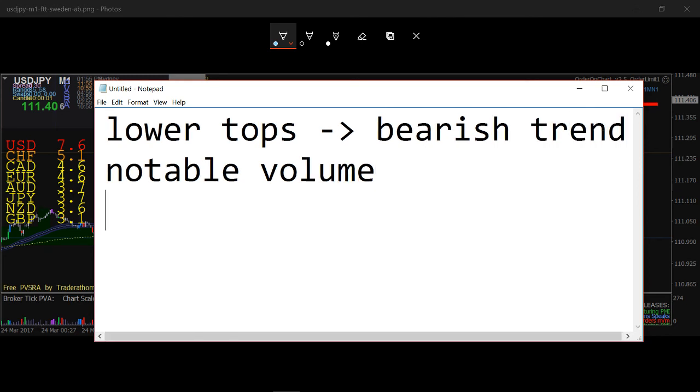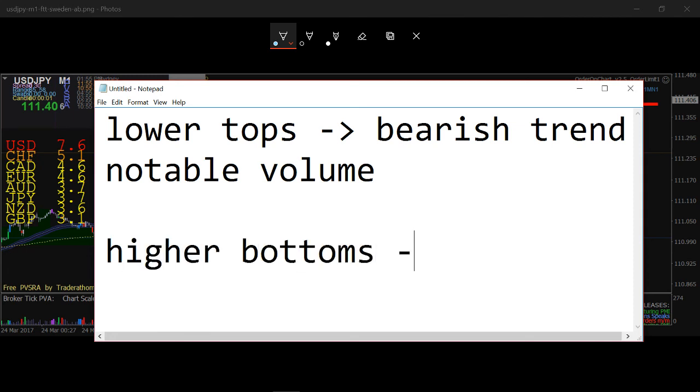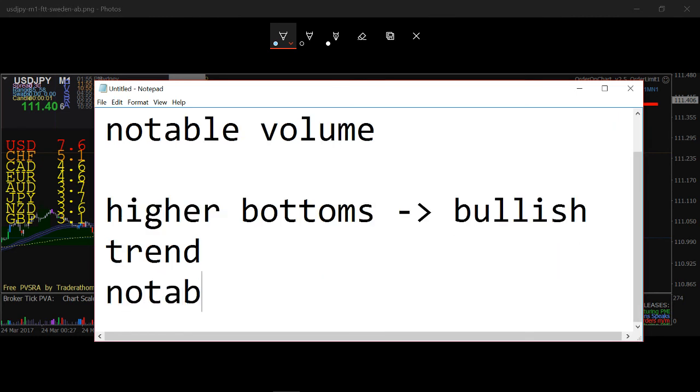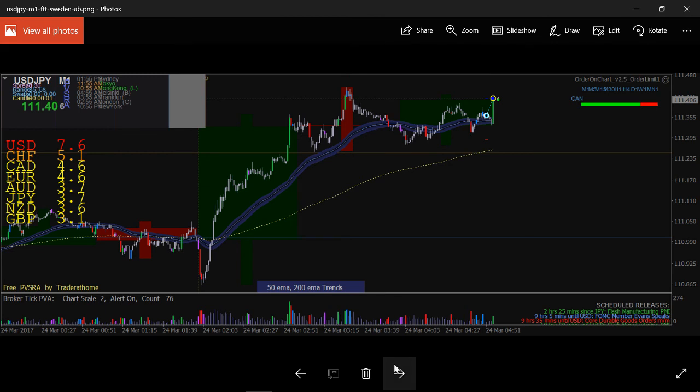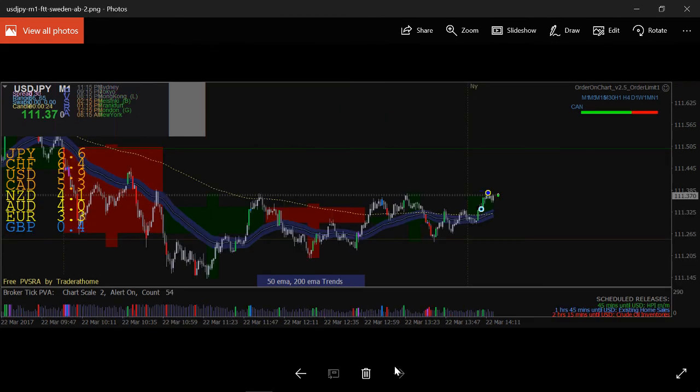And when you have higher bottoms, this confirms a bullish trend. And in this case, you need notable volume as well, all right? So let's go to the last example. Okay, this is the last one.